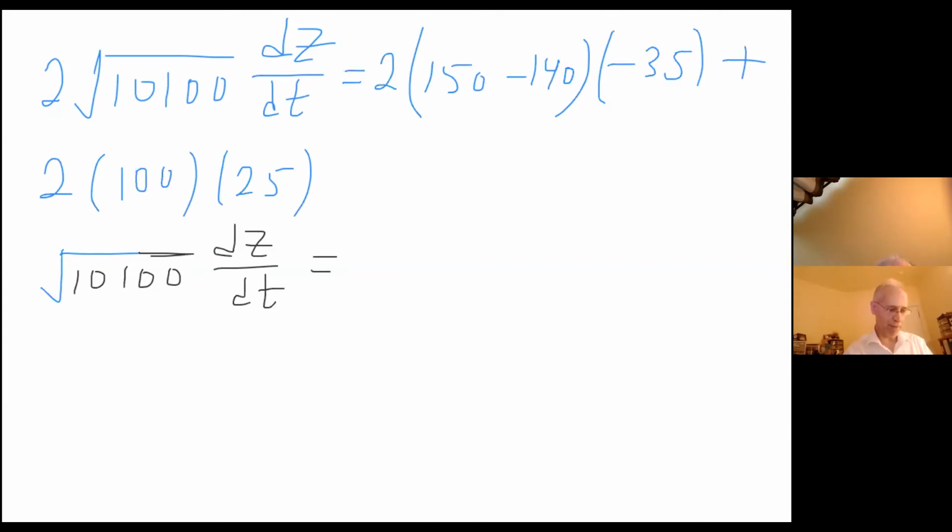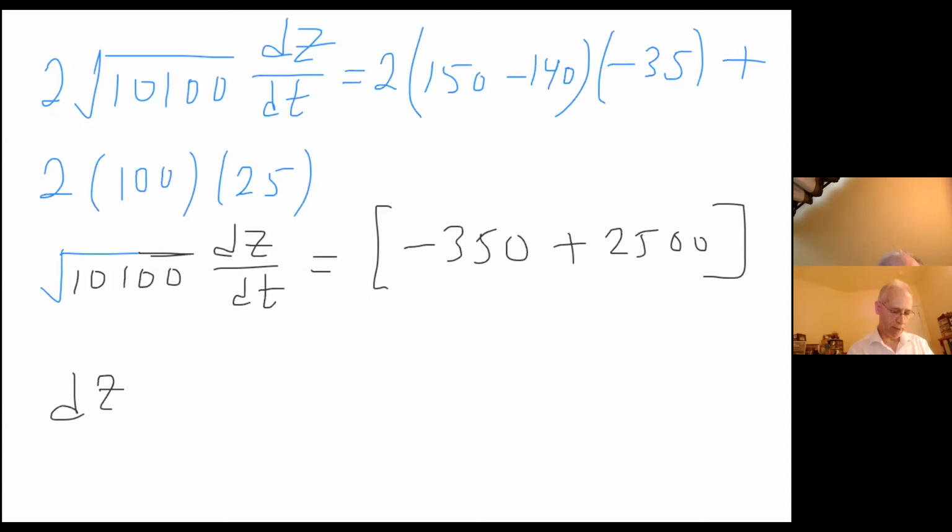So the first part is going to give me minus 350. The second part is going to be giving me 2500. So dz/dt equals, now I'm going to divide both sides by the square root of 10100.